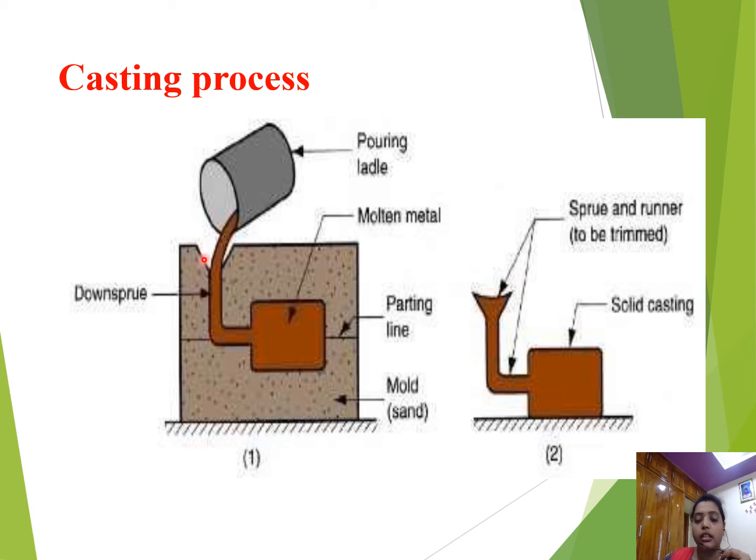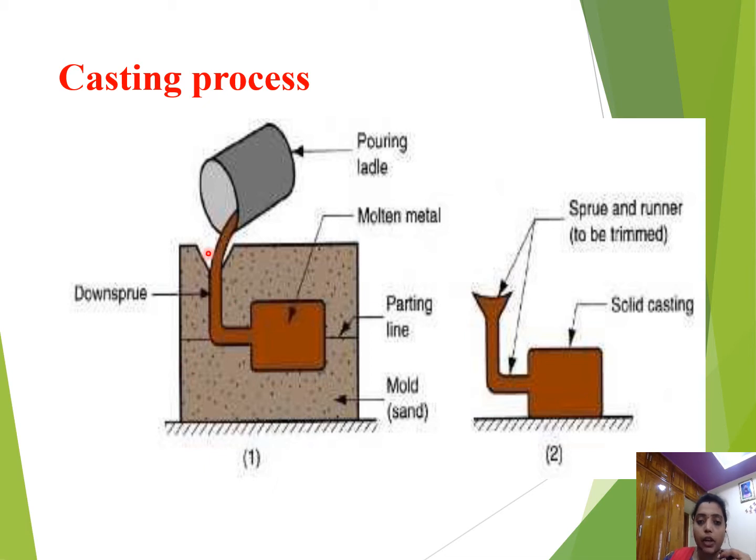After some time, it is allowed to solidify, and after that we break this sand, break the mold cavity and mold sand, or in other processes we directly remove the required object. Here we are breaking the whole setup and taking the required object.